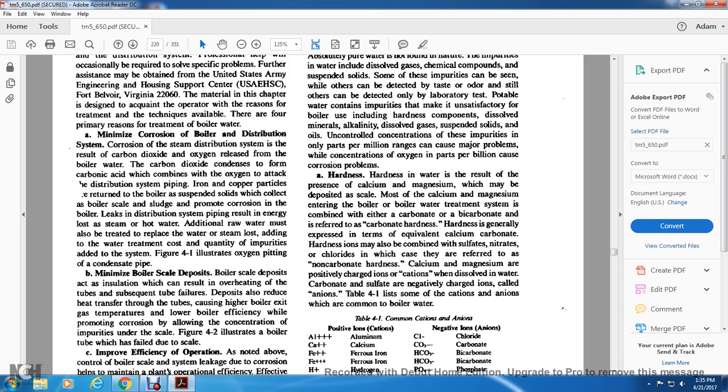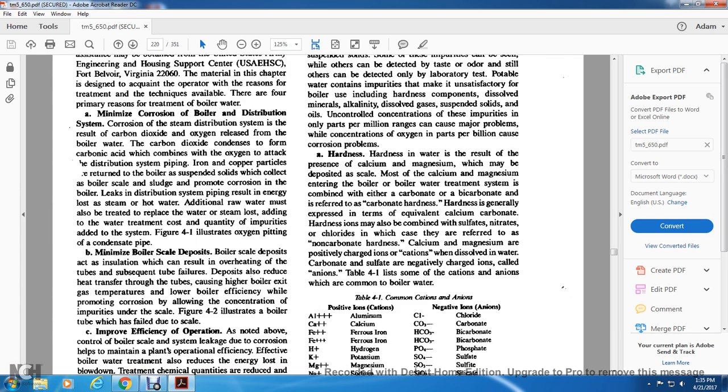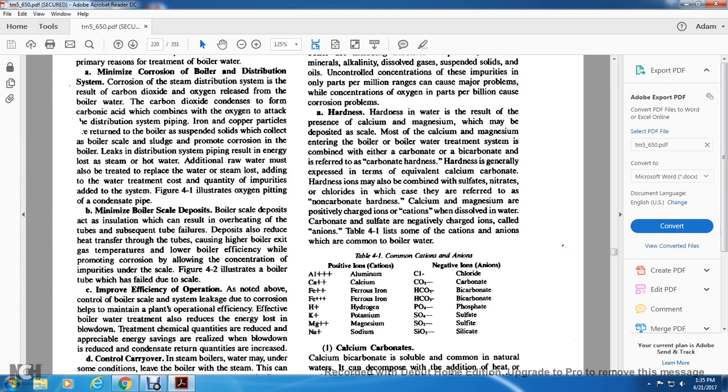Hardness may also be combined with sulfates, nitrates, and or chlorides, in which case it is referred to as non-carbonate hardness. Calcium and magnesium are positively charged ions, called cations, which dissolve in water. Carbonate and sulfite are negatively charged ions, called anions. Table 4.1 lists some of the cations and anions common to boiler water. Table 4.1, common cations and anions.